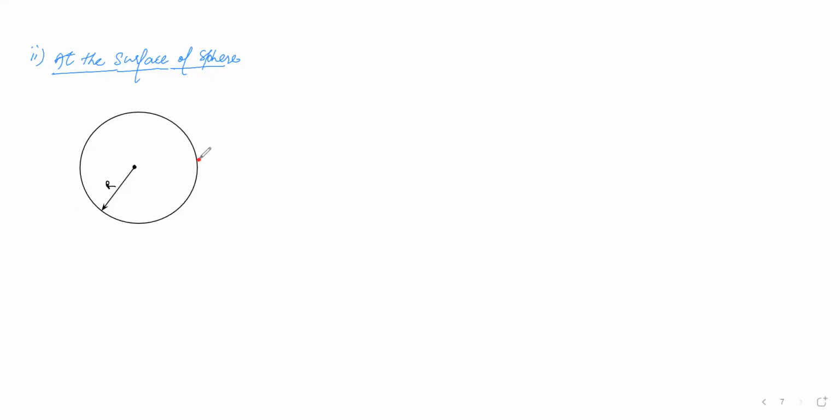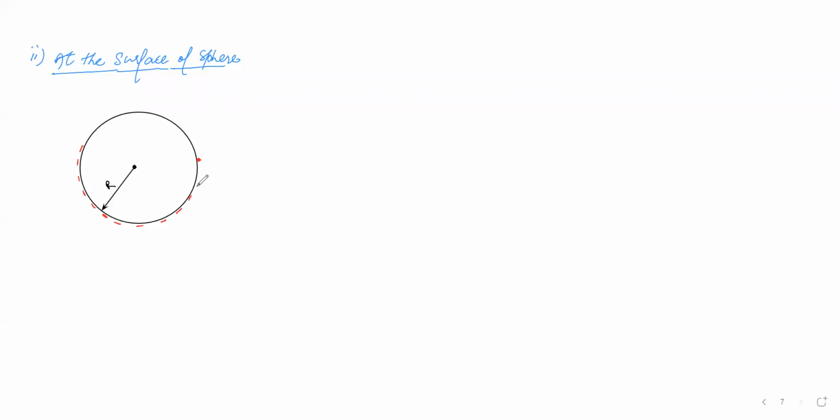Remember that it is very difficult to draw the Gaussian surface on the same line as the sphere, but just for clarity, I am going to draw it touching the sphere. You can imagine that this Gaussian surface is passing through this point, touching the surface of the sphere.